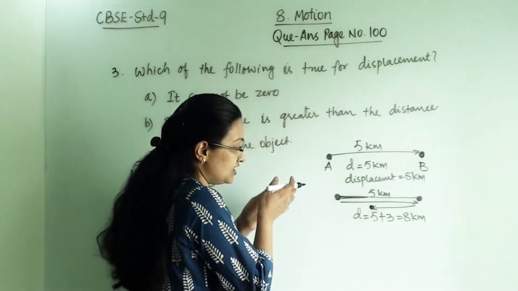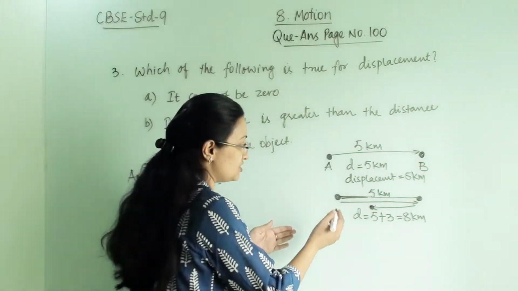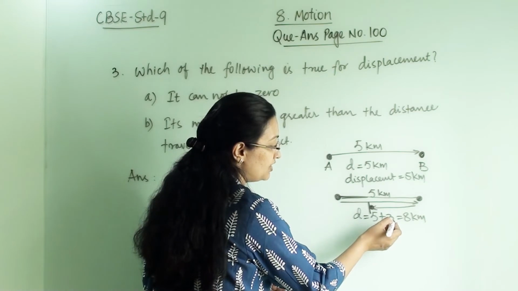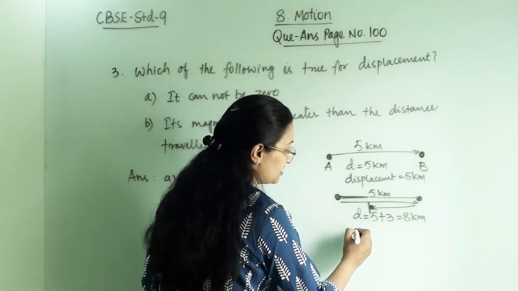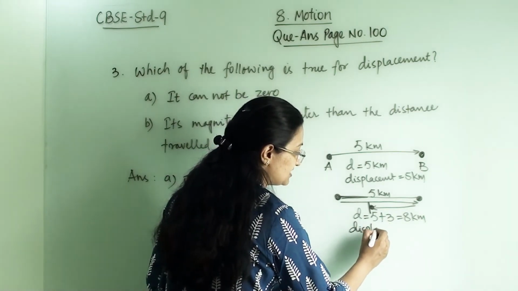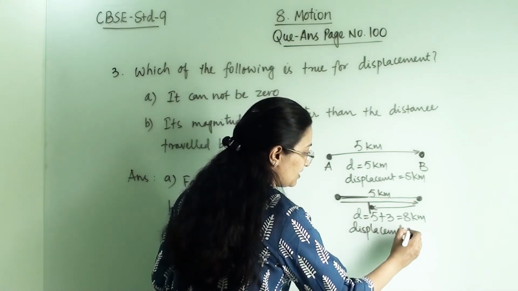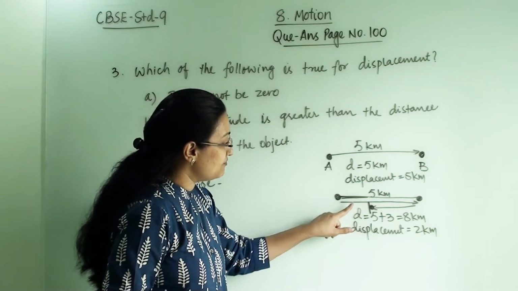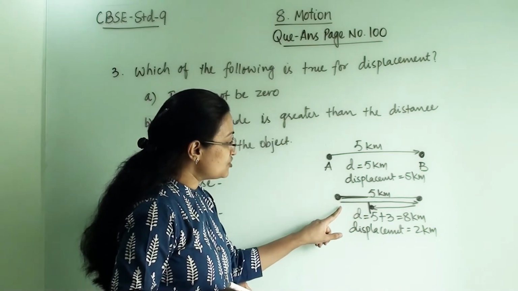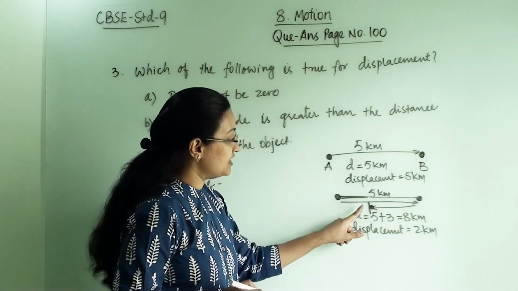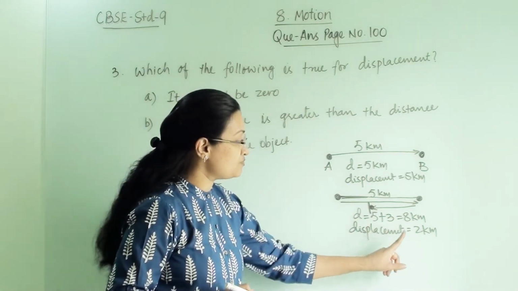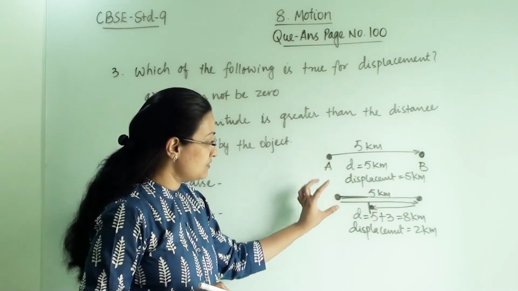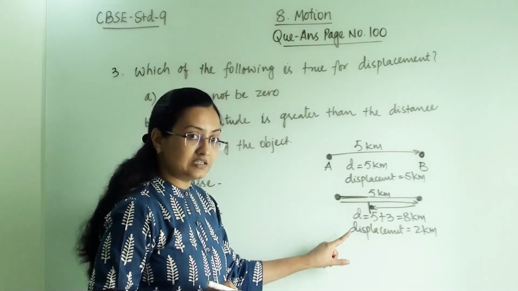If we see the initial position and final position, it is only 2 kilometers away, because it has already covered the 3 kilometers. So the displacement is 2 kilometers, because that much only is it far from the initial position. So displacement and distance can be the same. Displacement can be lesser than the distance.